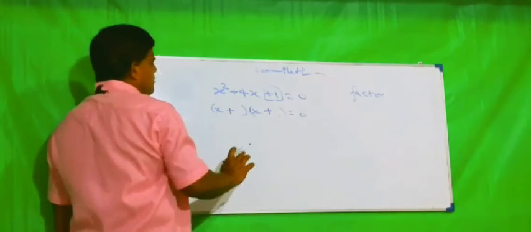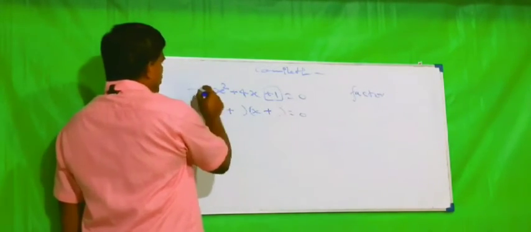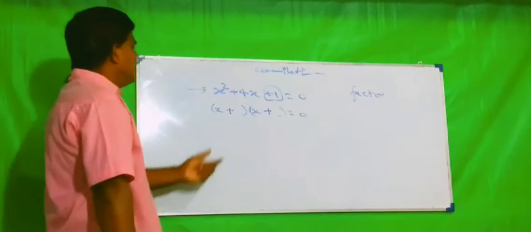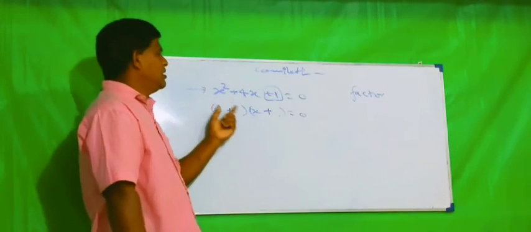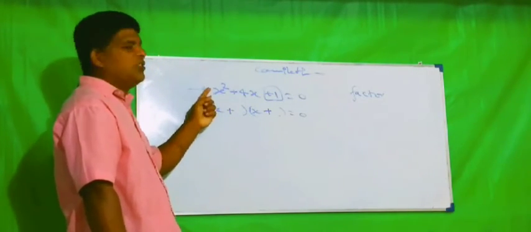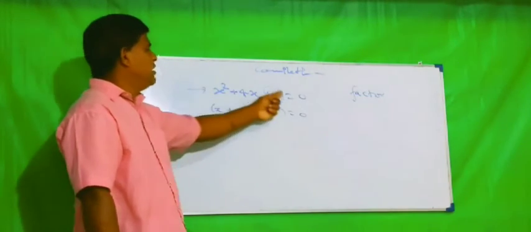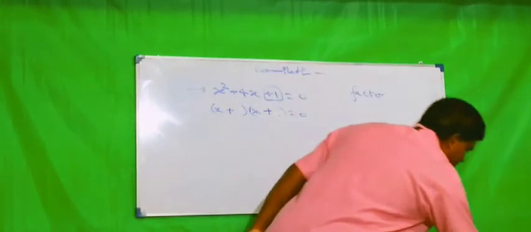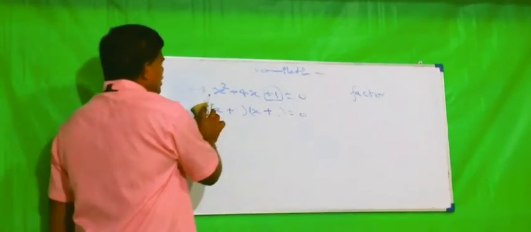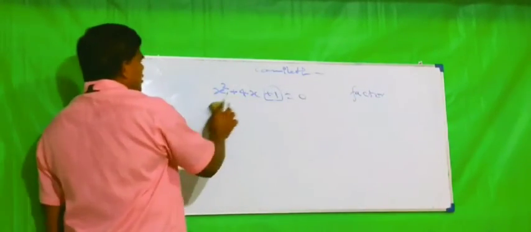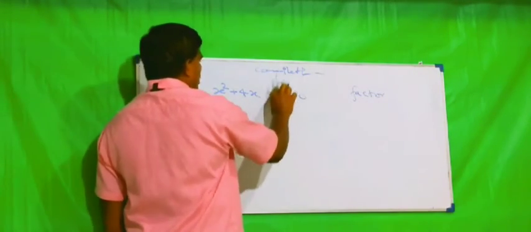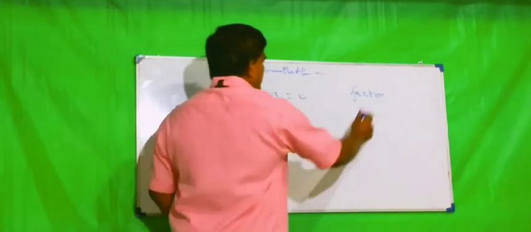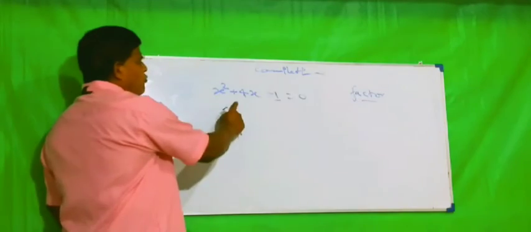That means this equation can't be factorized. On the left side there are no factors, so this equation can't be solved by using factors.